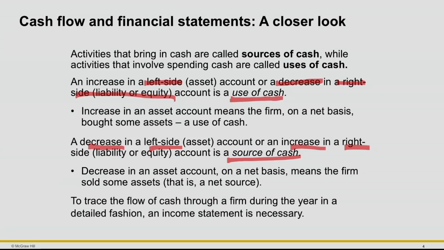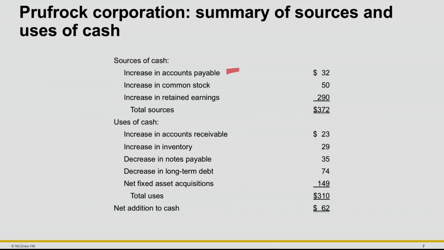Let me clear this off and clean it up a bit. We were saying that an increase in assets or a decrease in liabilities or equities is a use of cash.